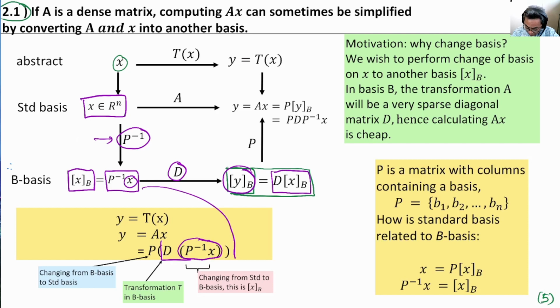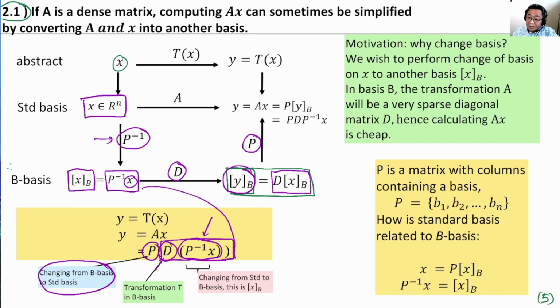So we reach this point in the equation, and because most of the time we want the output to be in the standard basis, to convert from the B basis to the standard basis, we pre-multiply on the left by P. So we get P, which changes from the B basis to the standard basis, multiplied by D, which is the operation of A in the B basis.